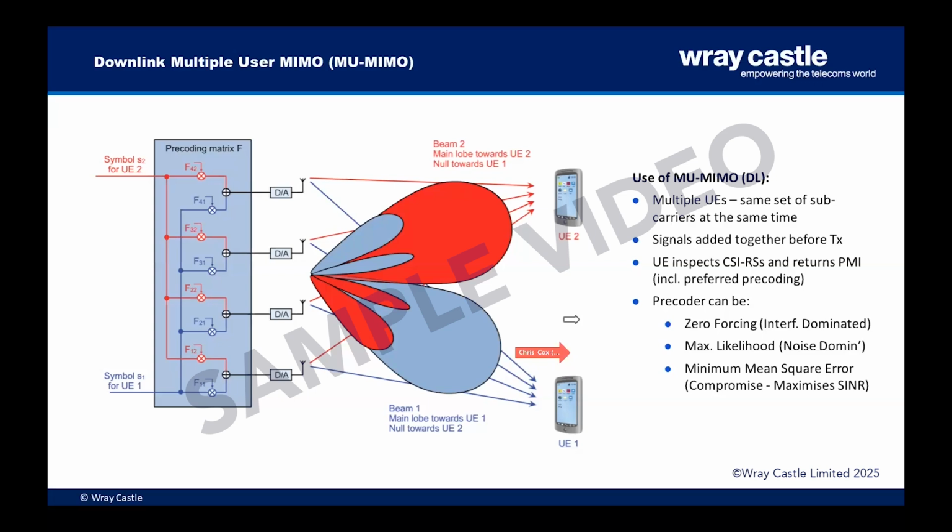And if you have too many mobiles, then the interference levels are just going to make it completely unworkable. And indeed, this all works okay if the number of mobiles in the cell is small, like 2. But as the number of mobiles participating increases, it all breaks down.